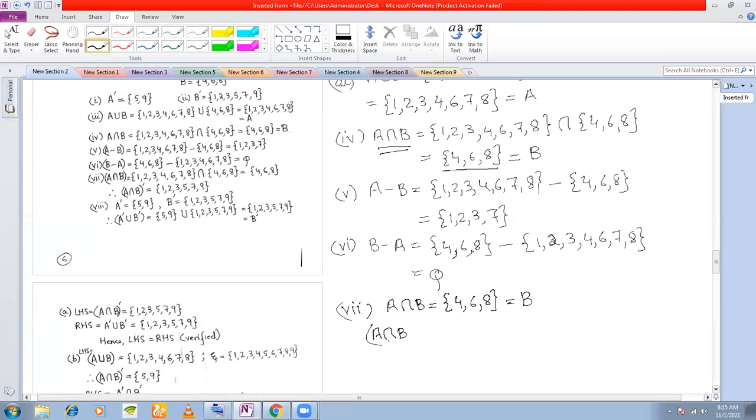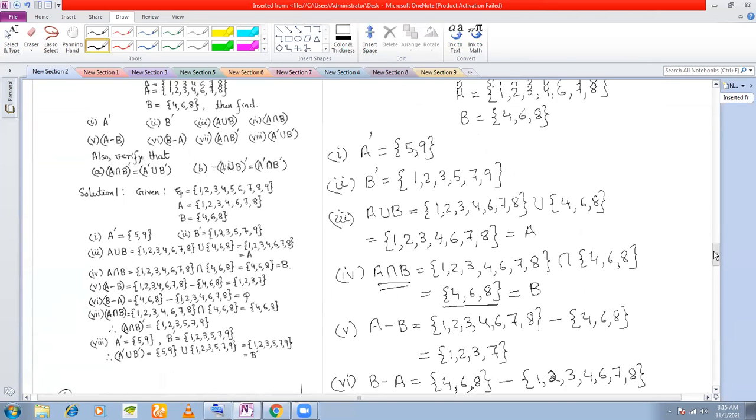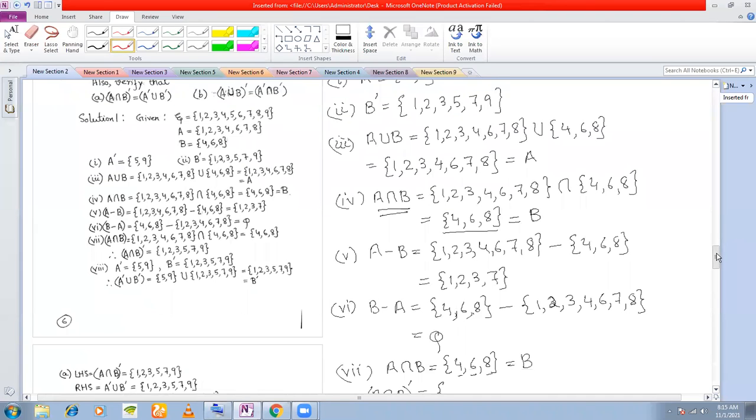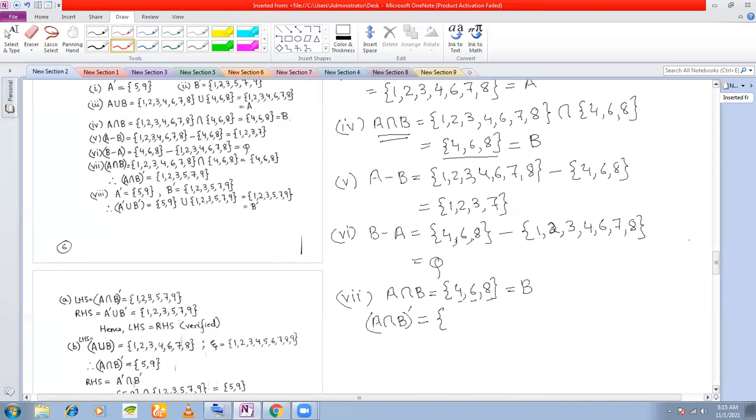What are the elements of A intersection B complement? Those elements that are not there in A intersection B, but are there in the universal set. So how many elements are there in A intersection B? 4, 6, and 8. So from the universal set, you remove these elements, 4, 6, and 8. You remove 4, you remove 6, you remove 8. What are you left with? 1, 2, 3, 5, and 7. Sir, 9 also. 9 also.